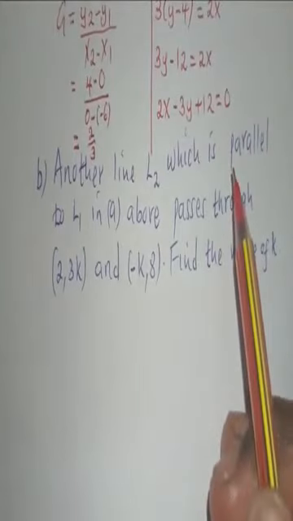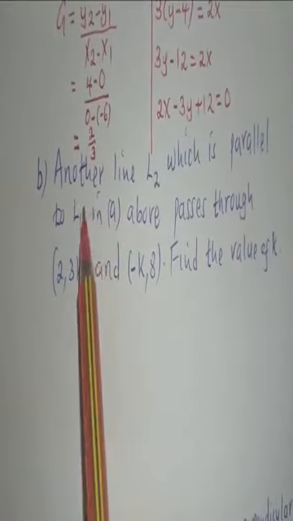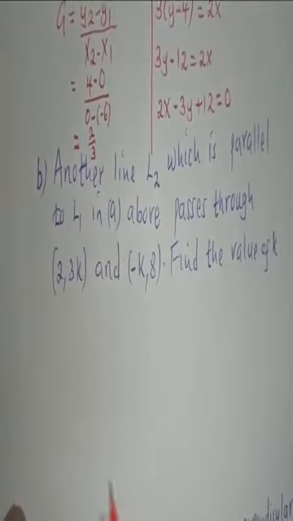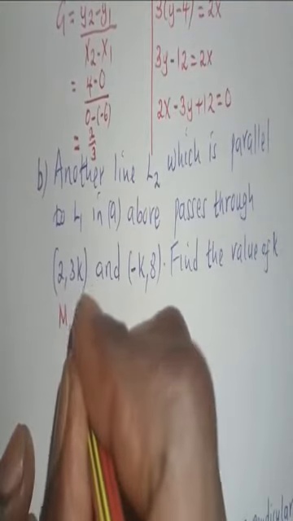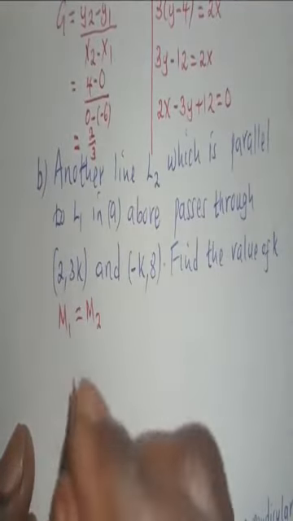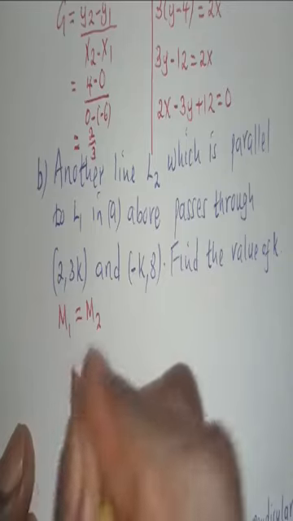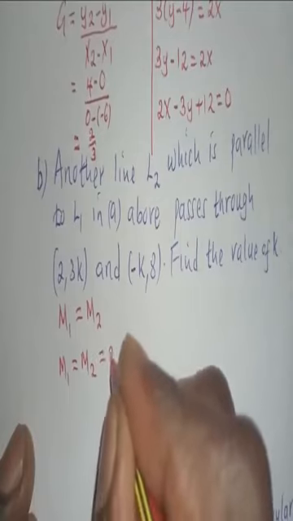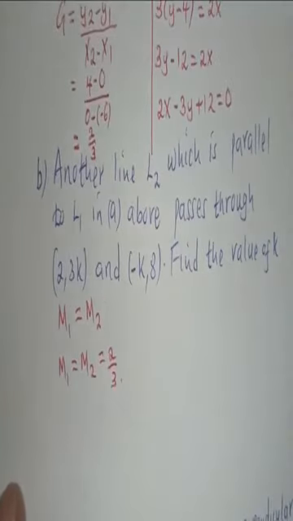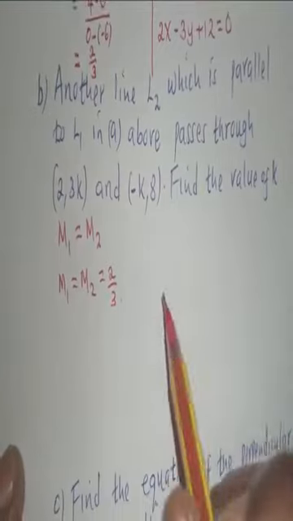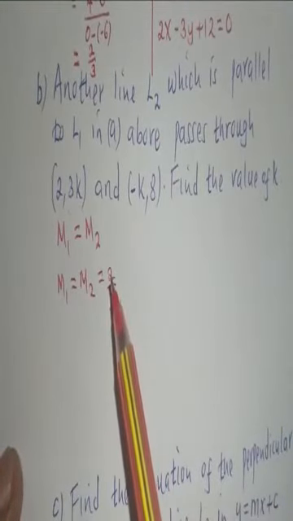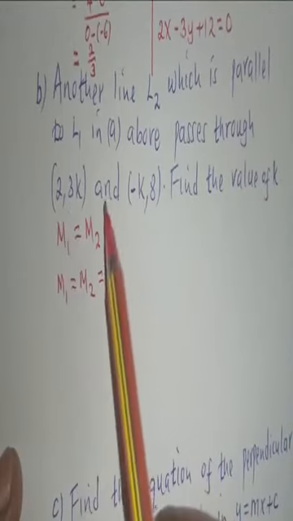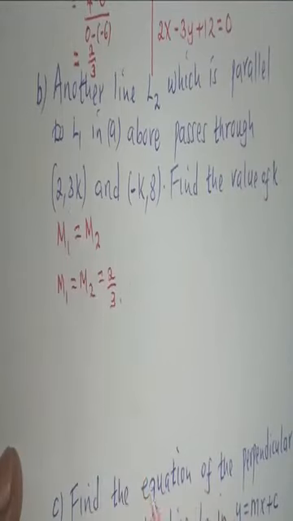Now we know that our M1 is 2 over 3 and L1 is parallel to L2, meaning M1 equals M2, which equals 2 over 3. Given the 2 points, we can easily find the gradient, and of course the gradient we have, but in our 2 points we have the unknown, which is k.